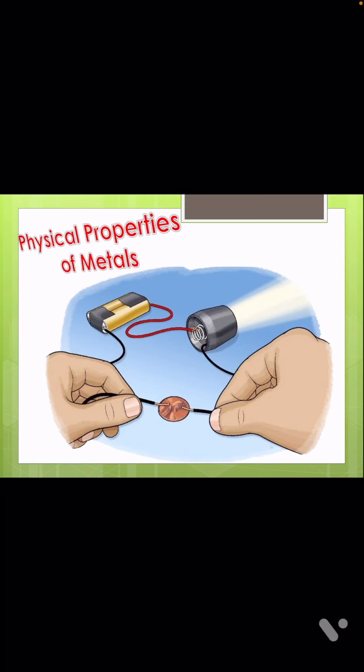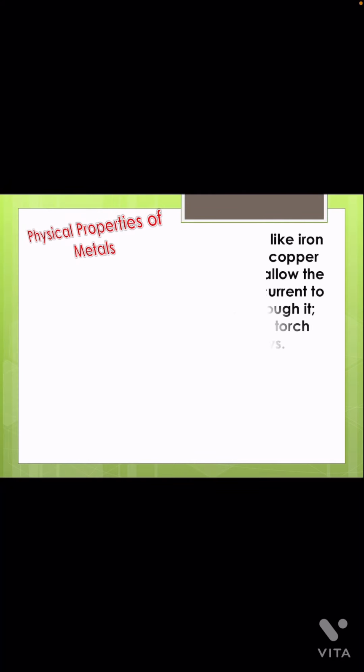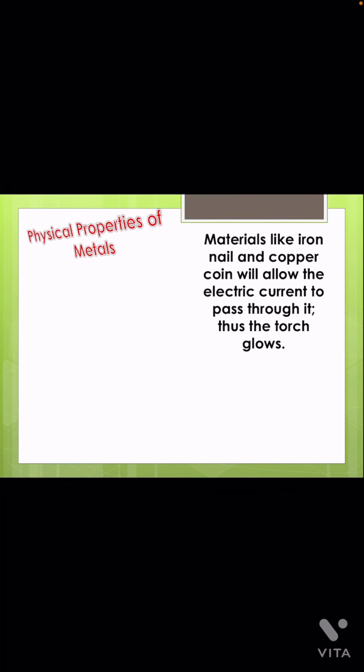You might have performed this activity with various objects in class 6. Try it and find out the conductivity of electric current using different materials. You can see that materials like the iron nail and the copper coin allow the current to pass through them.